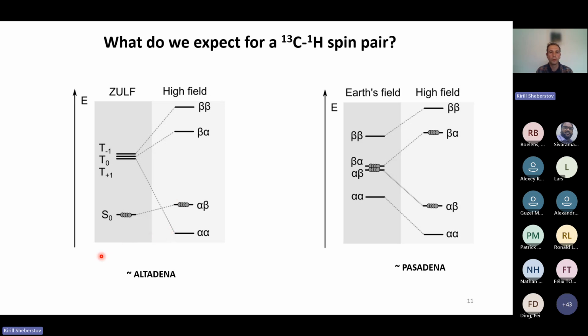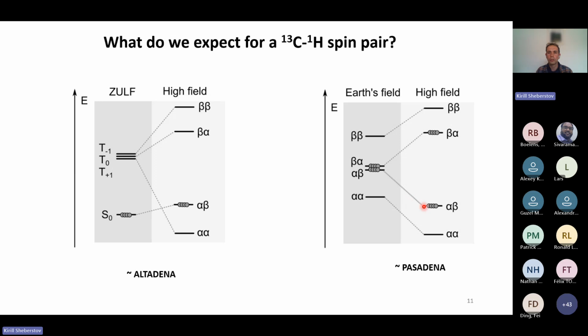And for those of you who are familiar with the parahydrogen kind of experiments, this is somewhat reminiscent of ALTADENA type of experiments. If, on the other hand, we perform irradiation at Earth field, we still polarize the singlet state, but then it's not an eigenstate of the spin pair between carbon and proton at this field, because they are already weakly coupled, so that the singlet state is redistributed between alpha-beta and beta-alpha evenly.